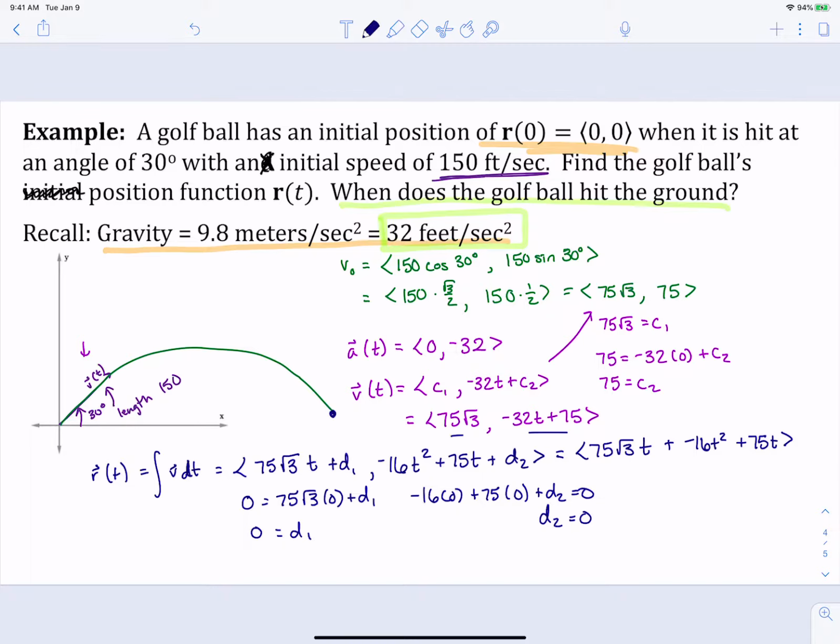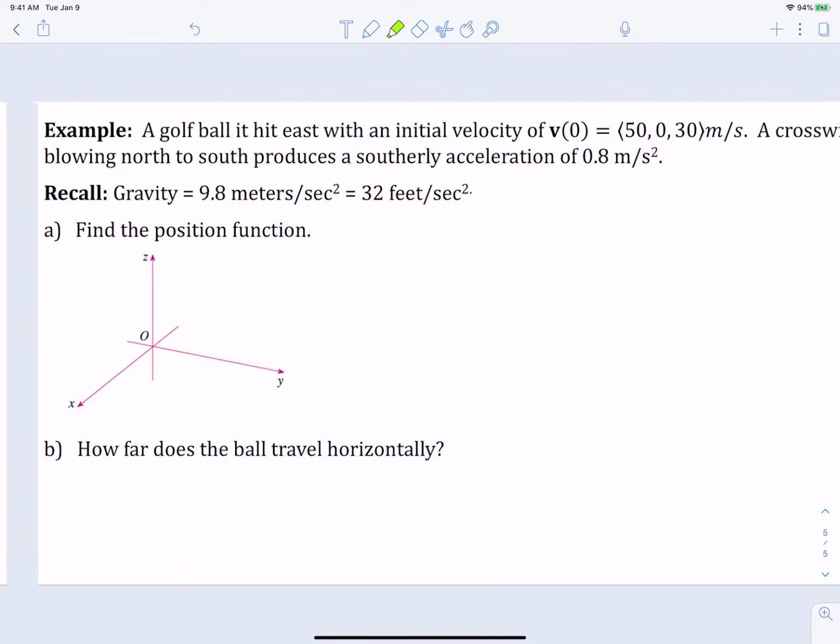But when it hits the ground, our x component is going to be something, but our y component is going to be 0. So what we need to figure out is when this y component is equal to 0, because that's our vertical component, and if it's 0, we're on the ground.